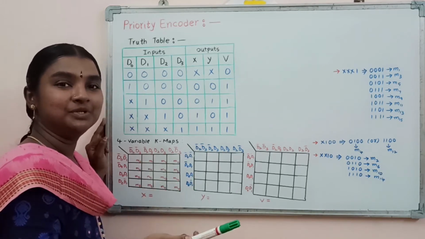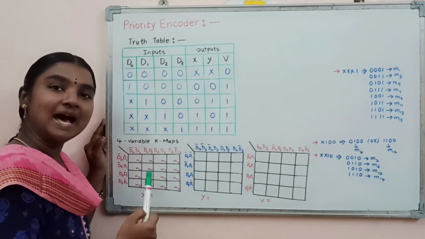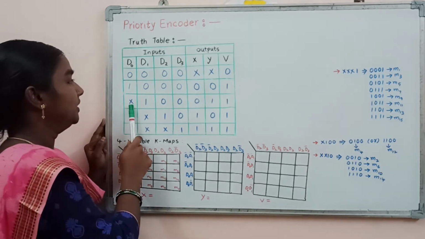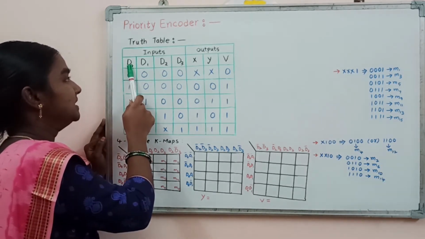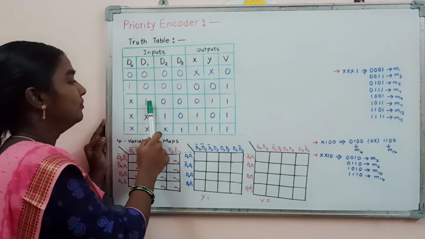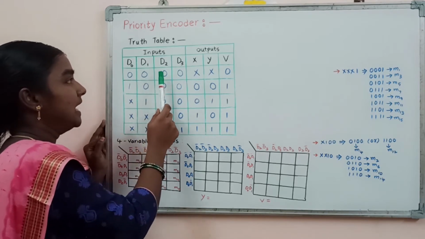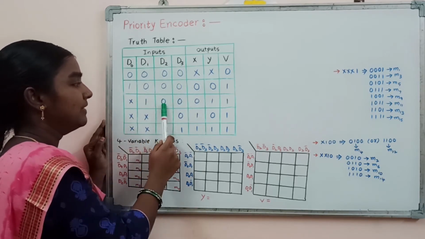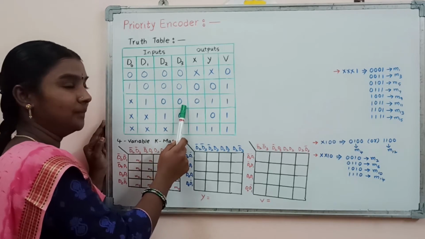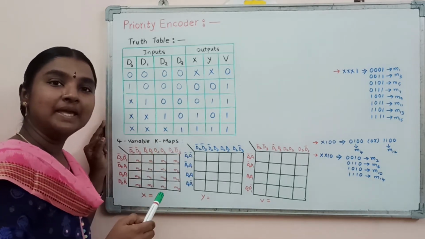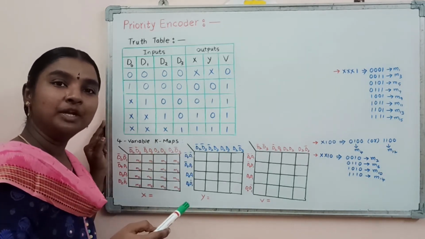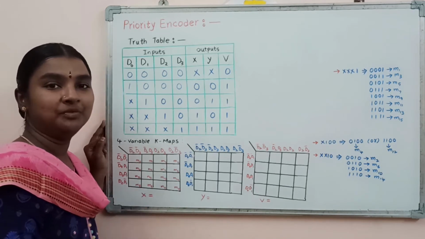Now considering the other combination, don't care for D0 and 1 for D1, with D2, D3 values at 0, 0. That means we are applying a D0 input value and a D1 input value.